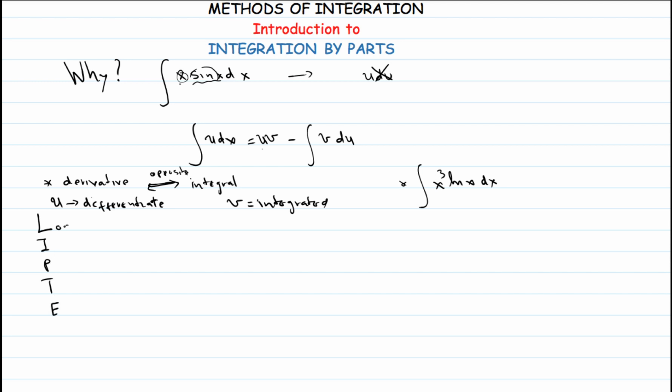This is going to be for log, inverse trigonometric, power, trigonometric, and exponential. Exponential is something in which you have a constant raised to the power x, while power of x means x raised to some constant. There's a difference between these.